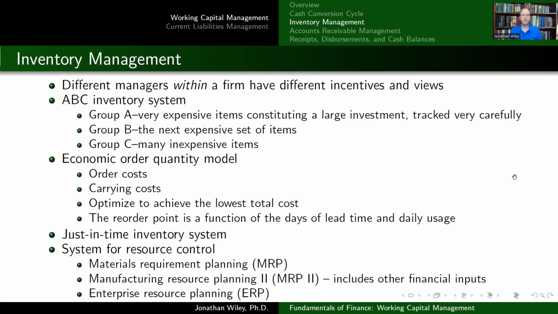So it could include things like the effective labor costs, and perhaps other financial and accounting metrics, to try to figure out when the ideal point is to order more and the ideal levels of inventory to have, factoring in inputs that are more broad than just the actual materials themselves.